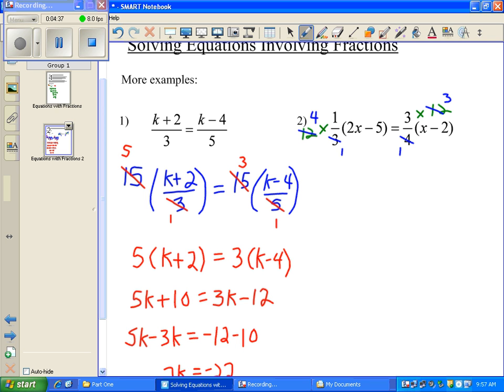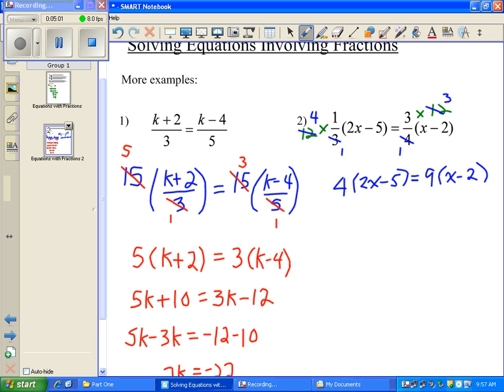Now this one's a little bit different because there is a numerator. So now we need to take care of that. So 4 times 1 is 4. So this becomes 4 times 2x minus 5. And on the right-hand side, 3 times 3 is 9. So that will become 9 times x minus 2. Again, we must keep the brackets. But just watch out for that.